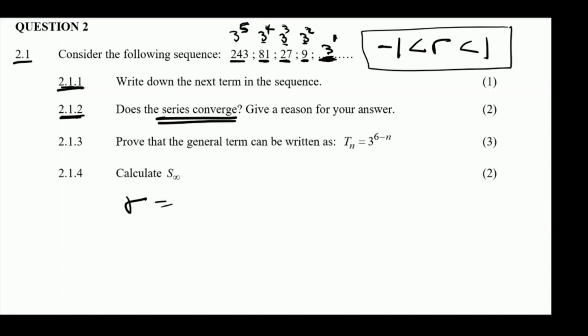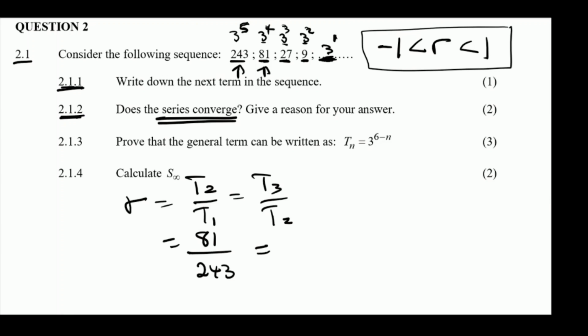So R is equal to term 2 over term 1, which is equal to term 3 over term 2. So what is term 2? This is term 2, this is term 1. So term 2 is 81 divided by term 1, which is 243, equals term number 3, which is 27, divided by 81, which is term number 2, right?